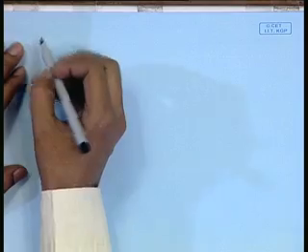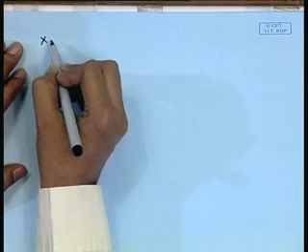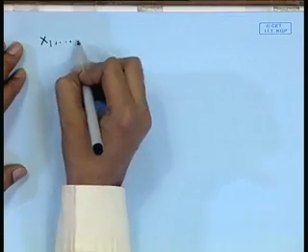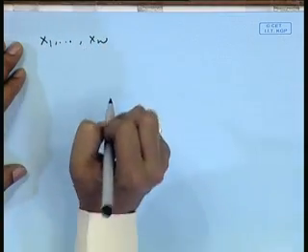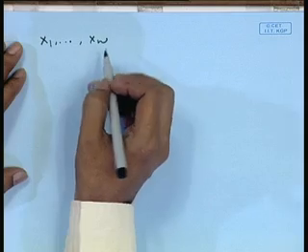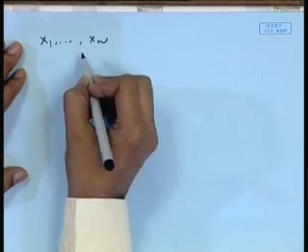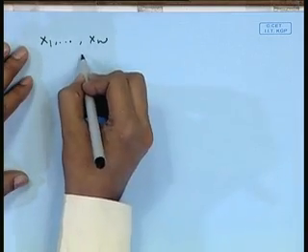Naturally, we can check for certain other distributions also, such as say, let x1, x2, xn follow an exponential distribution with some parameter say lambda.